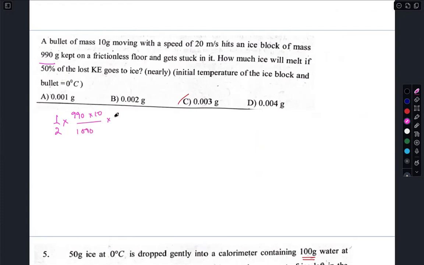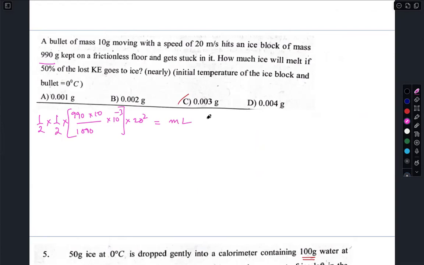And remember, this is all in grams. 10 power minus 3 into 20 square, reduced mass times V square is the loss. Isme 50 again. Now, how much ice will melt if 50% is mL?